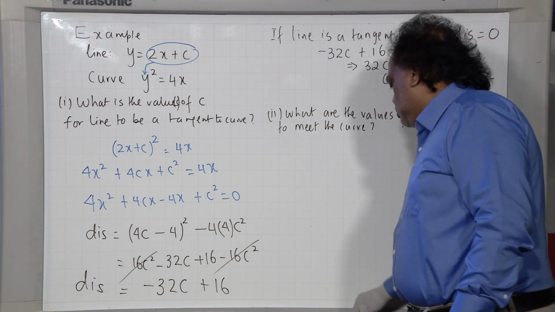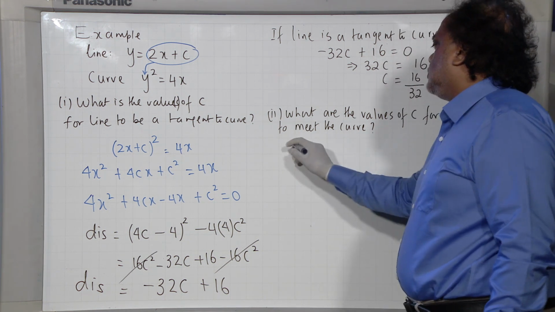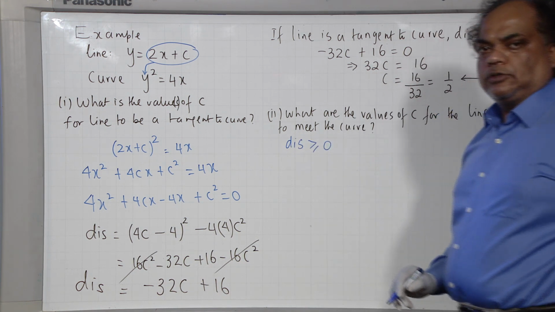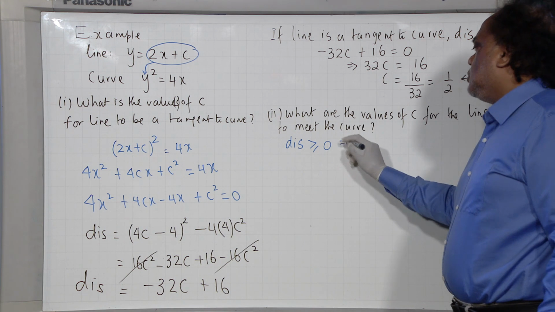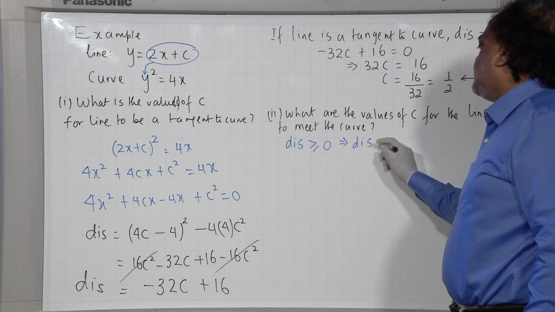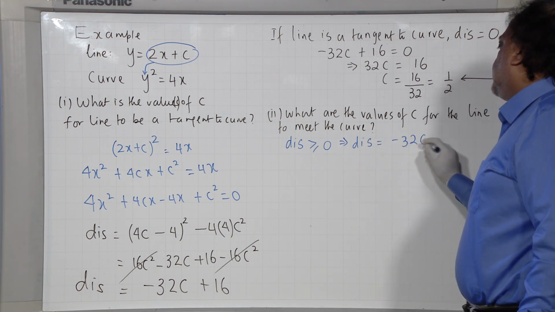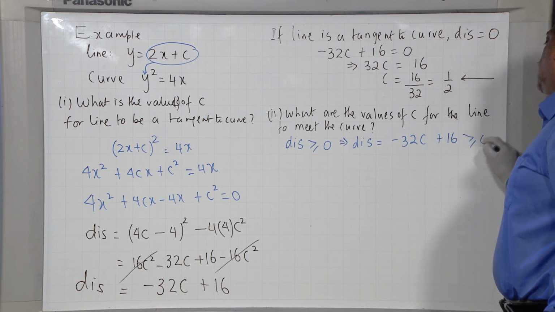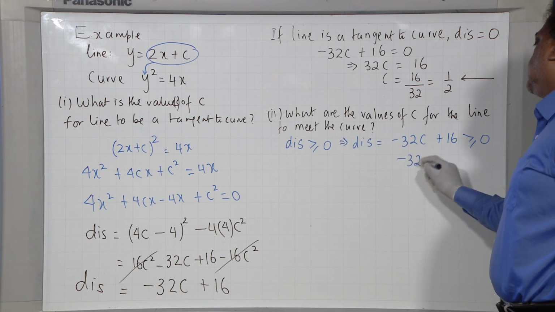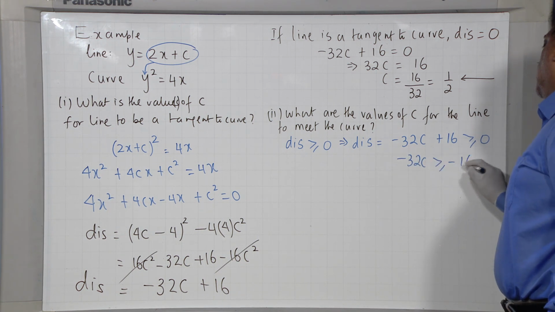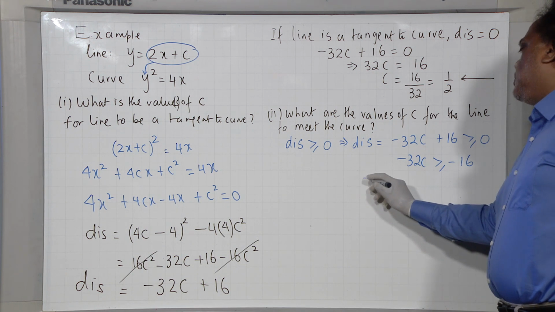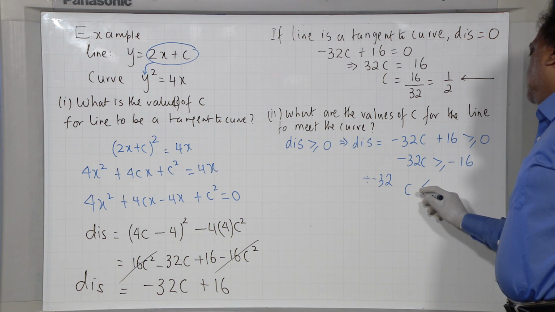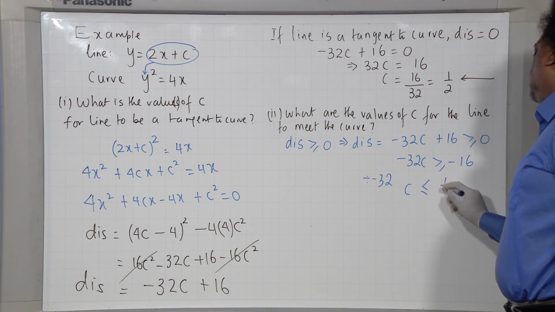So what is the rule? The discriminant is greater than or equal to 0. What was the discriminant here? Minus 32c plus 16 is greater than or equal to 0. Minus 32c is greater than or equal to minus 16. I divide by minus 32, so c will become less than or equal to half.